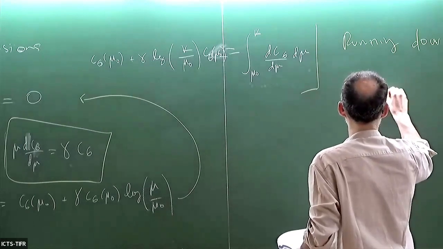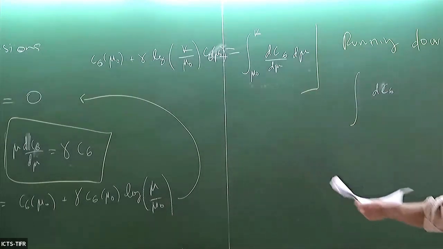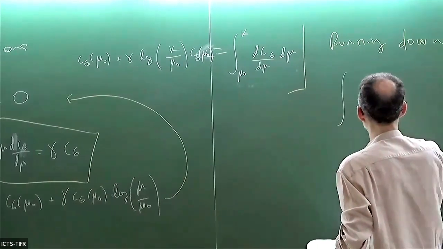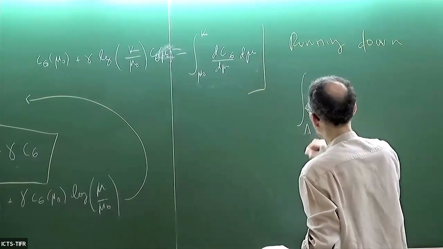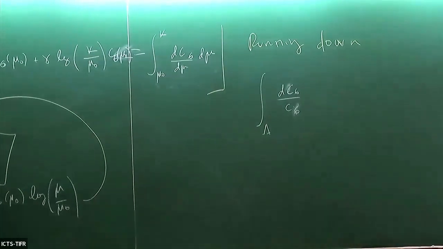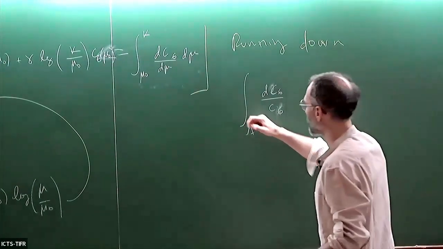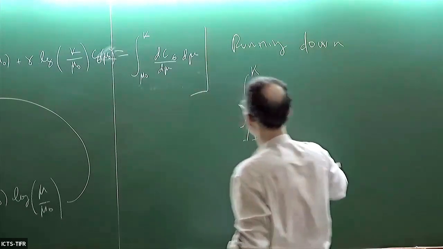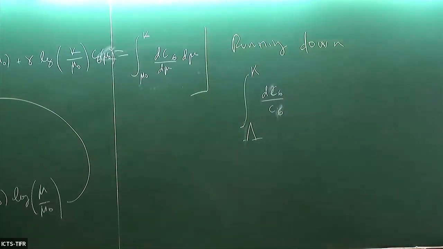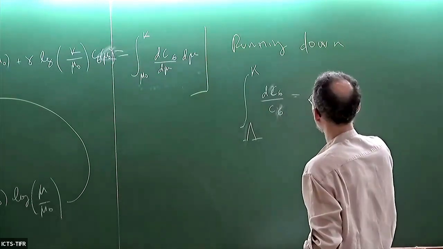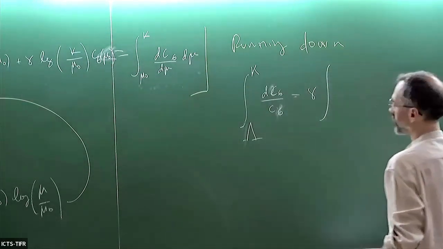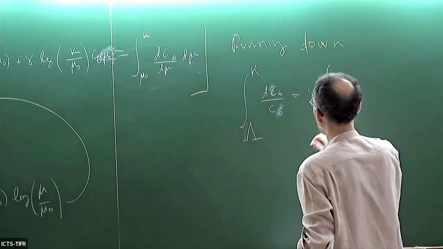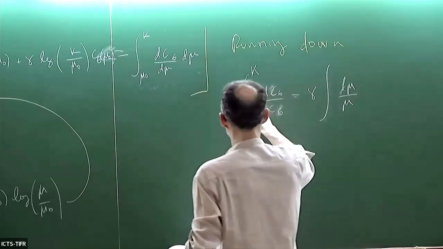dC6, I can separate variables over C6 from some scale at the UV, that is lambda. Can you see that? Lambda to some scale K. That will be, if gamma is truly constant, gamma d mu over mu. Sorry, differential equation.